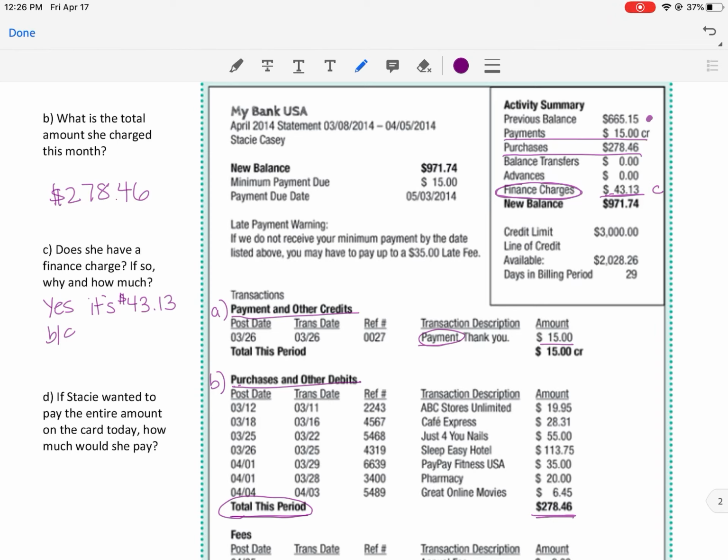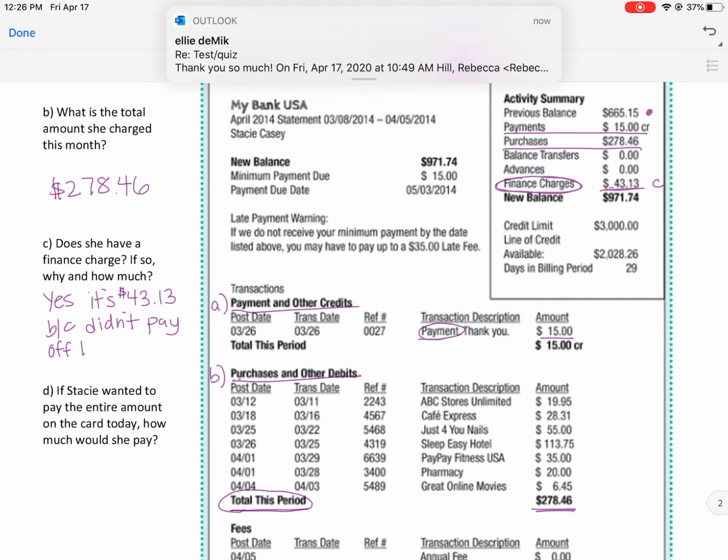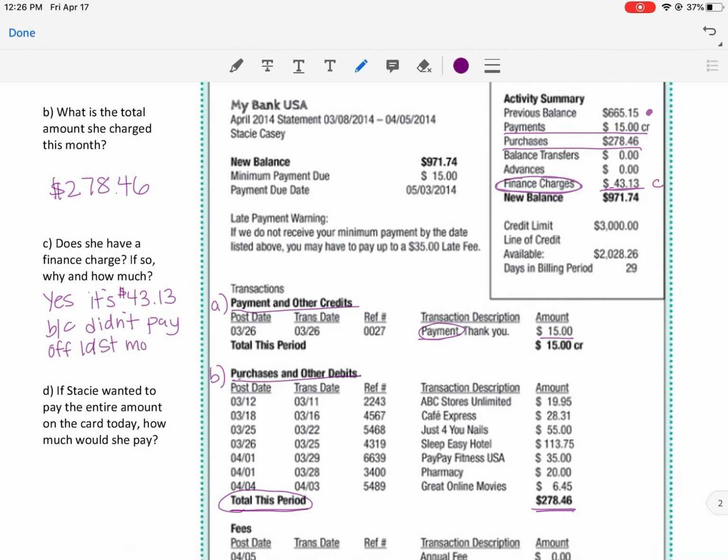So she definitely hasn't paid it all off, right? She's carrying most of that money over. So the reason she still has this finance charge is because she didn't pay off last month's balance in full.